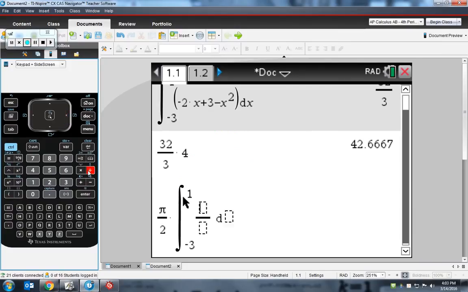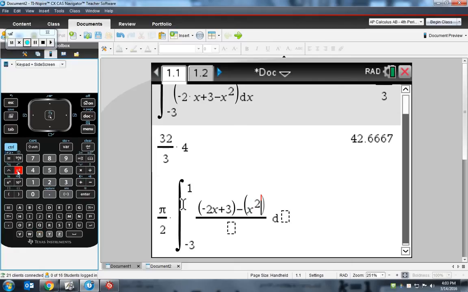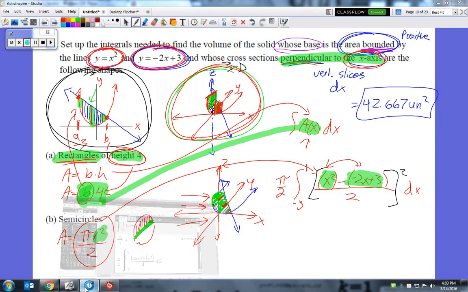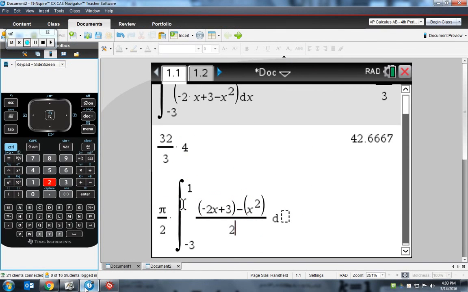Control divide, parentheses, negative 2x plus 3 minus x squared, and then we're going to put this all over 2. So negative 2x plus 3 minus x squared all over 2, and then we're going to put that in respect to x. So let me put an x right there.